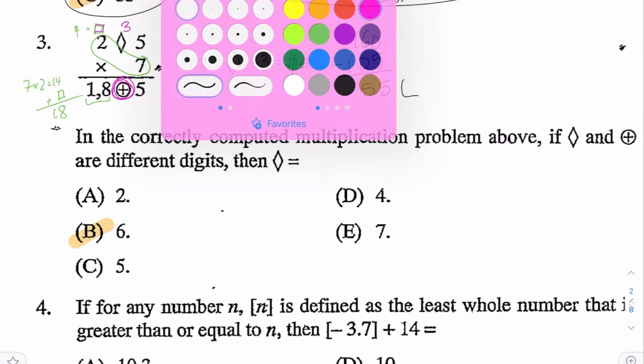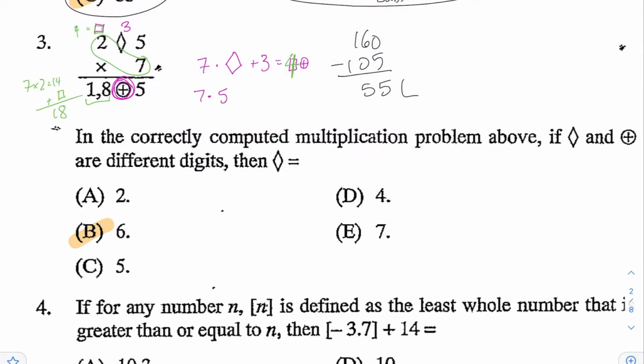And from here, you know that 7 times 5 plus 3 is only equal to 38. So I have to try 7 times 6, and that's equal to 42 plus 3, or 45. And try 7 times 7 plus 3, that will be 52, so that's too much. So there's only 7 times 6, so that means that this diamond has to be a 6, or choice B.